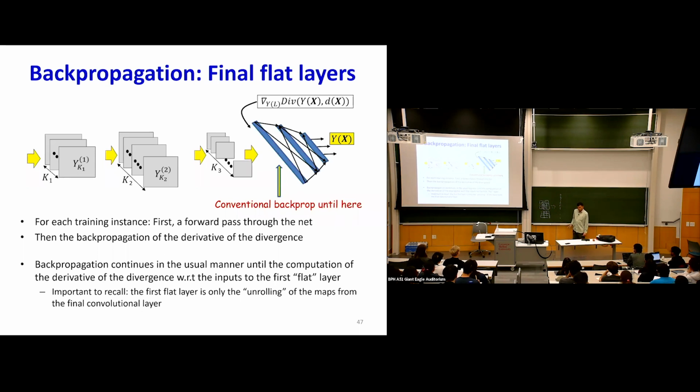So when you're going backwards, if you obtain the derivatives with respect to these values, you can fold them back into these maps, and now you have the derivatives with respect to each of these elements.